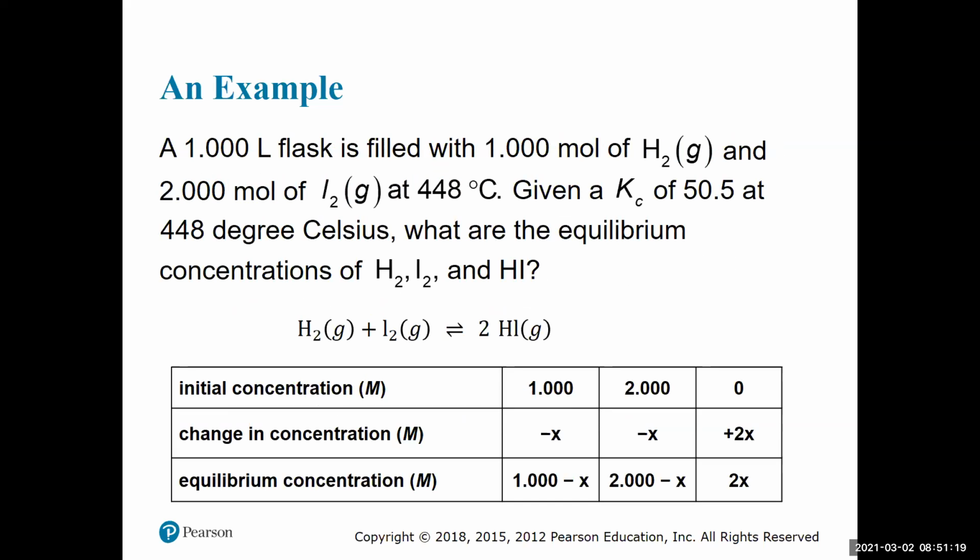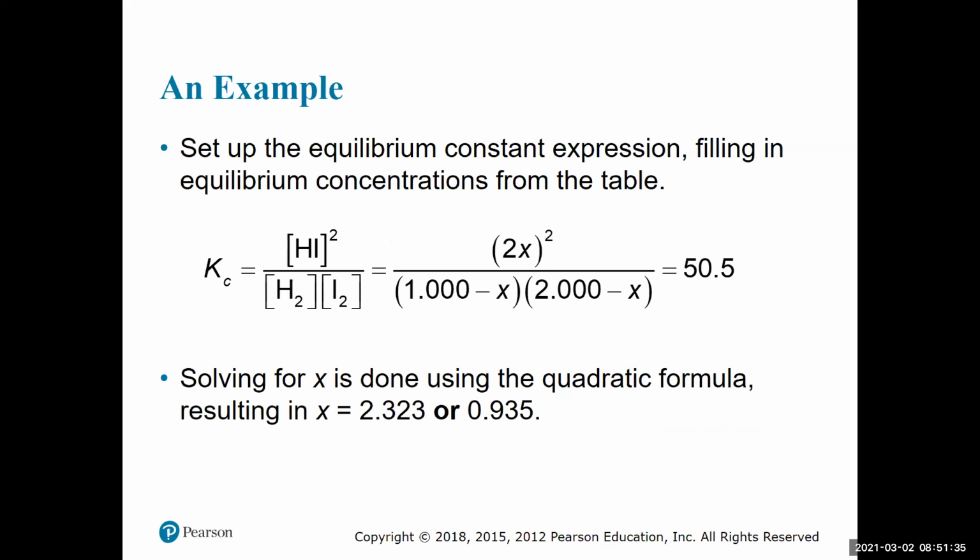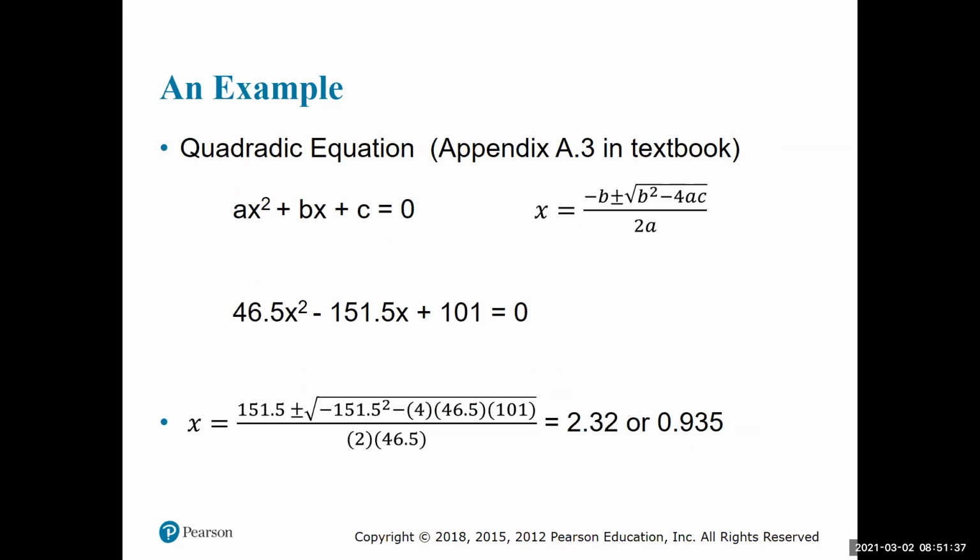If we go back to our original table, our initial concentrations were 1 and 2, and then we're going to be subtracting that X value from it. So if those initial values are 1 and 2, and we're saying the answer from the quadratic is either 2.32 or 0.935, one of those doesn't make any sense to me.